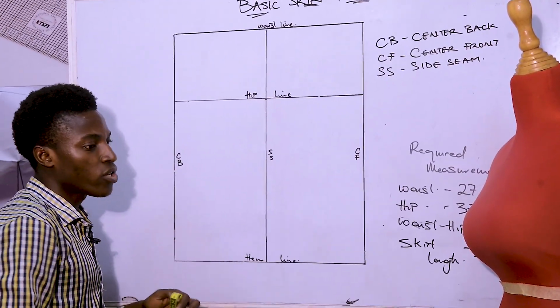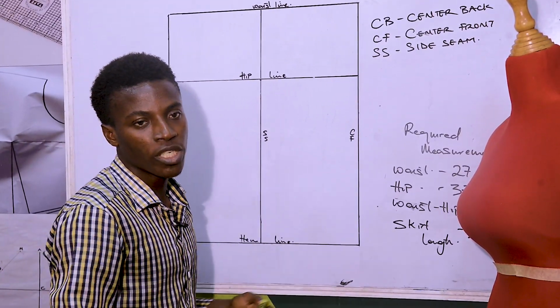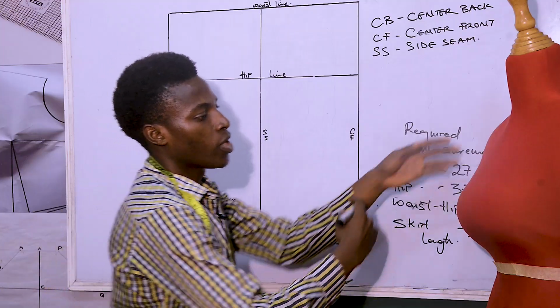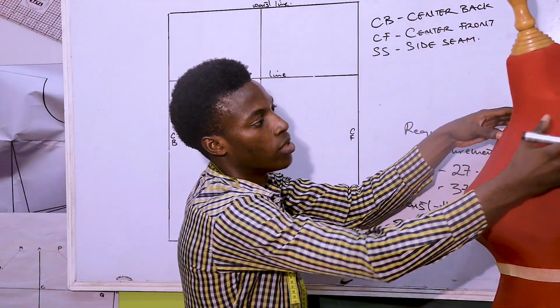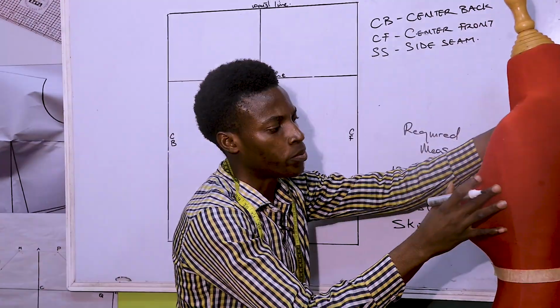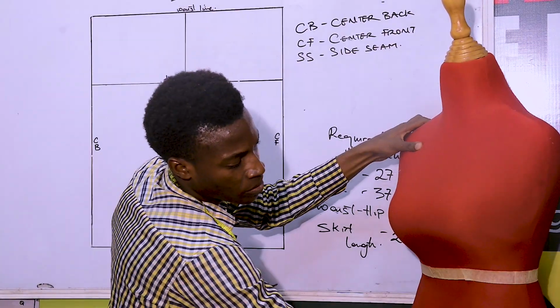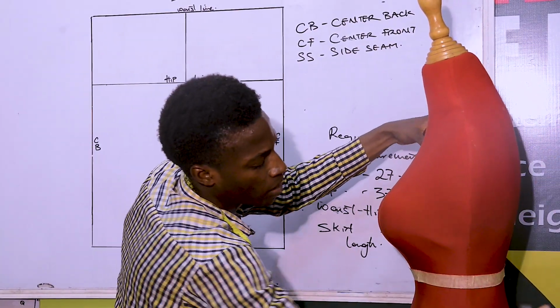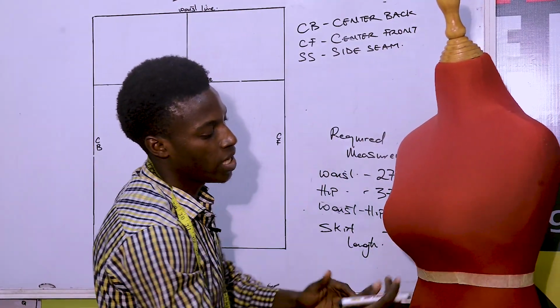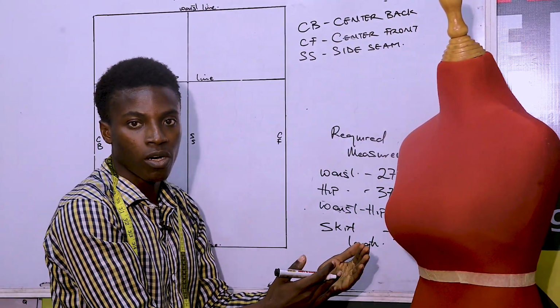So what we have here is just half of our body block. Now assuming this is a cylindrical piece, we have the center front, we have the side, and we have the center back. The left side is symmetrical with what is on the other side.